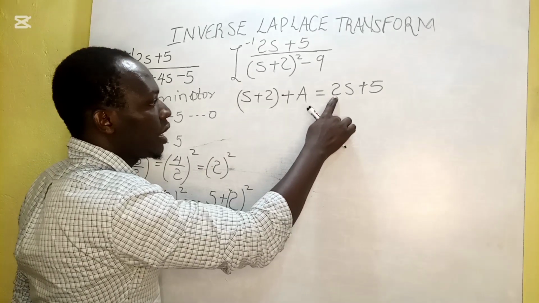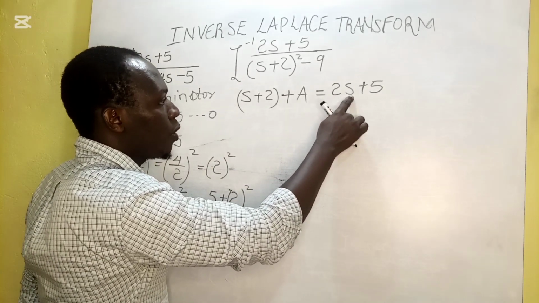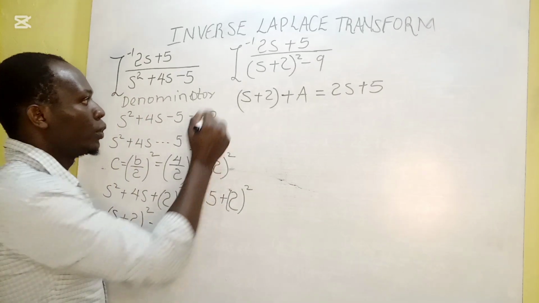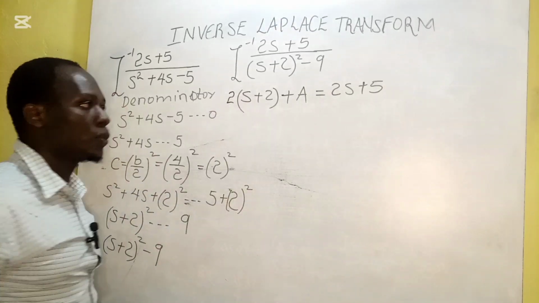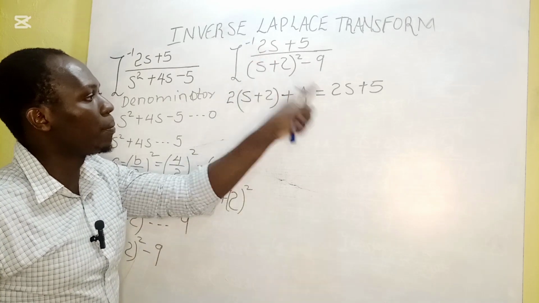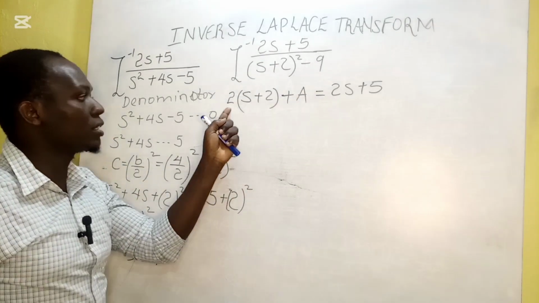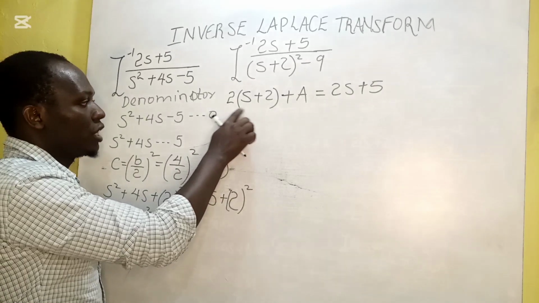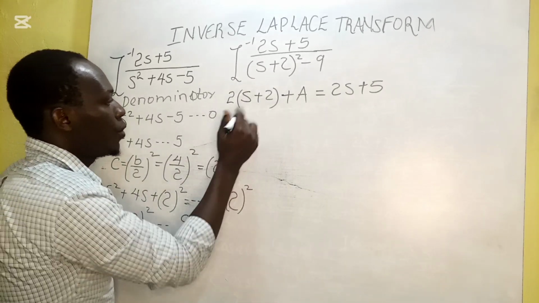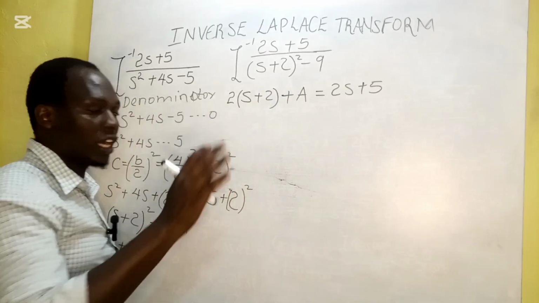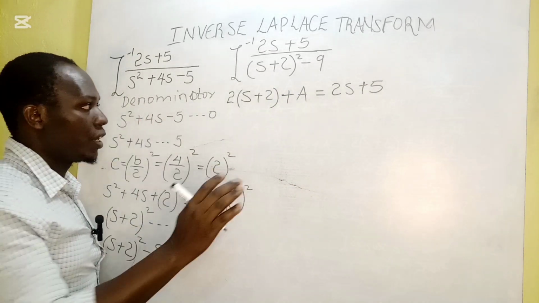When you check here, the term s has got a coefficient of 2, to mean that we come and introduce that 2 here. If it is having 3 here, just come and introduce that 3 at this point. But here we are having 2. Now, we are going to open the bracket and get the value of a, because a is the unknown that we need.